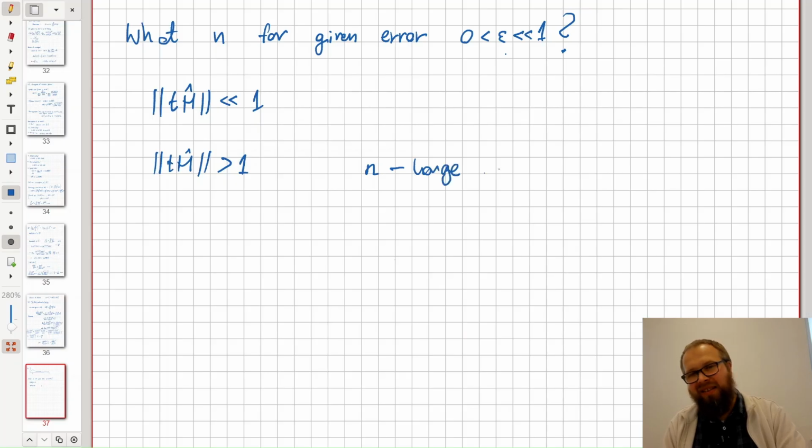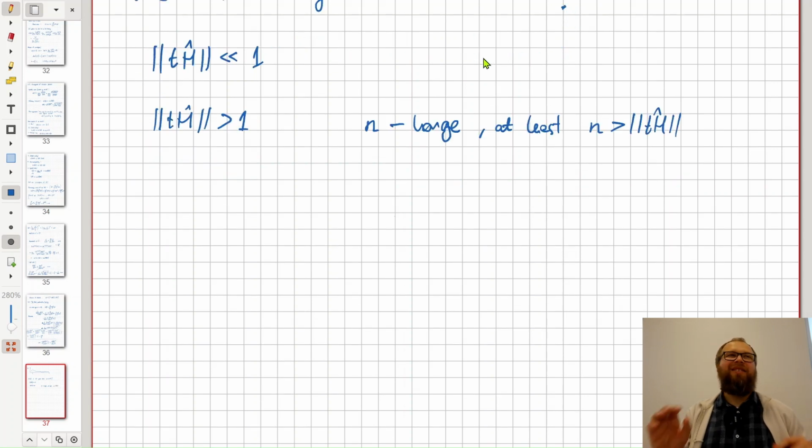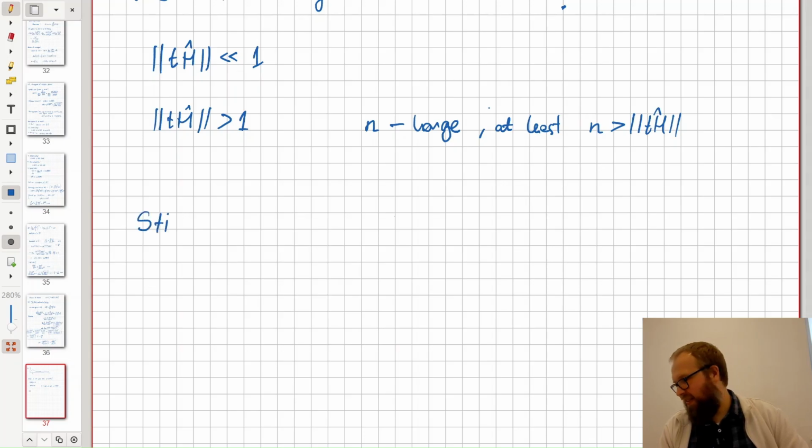At least n is bigger than t h, okay? I want big n so that I can approximate the factorial with Stirling's approximation. Very famous Stirling approximation. It isn't very famous. I didn't know about it until I read the plans.